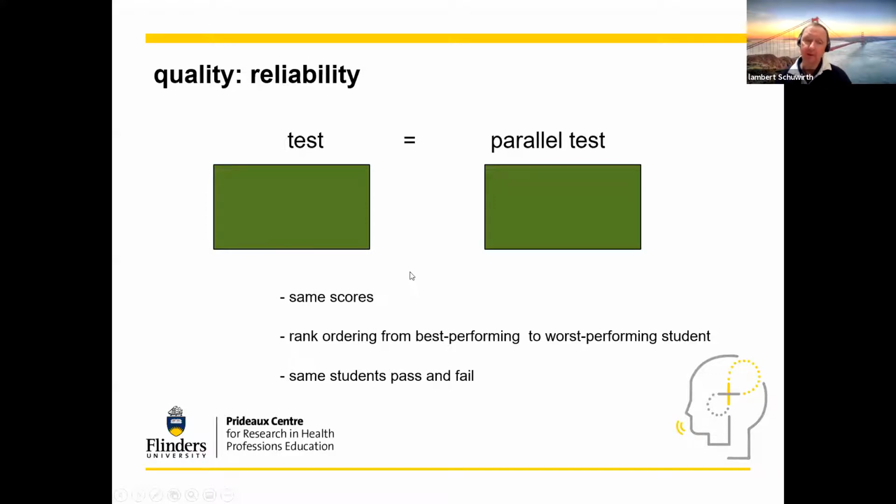The second one, if I have a group like my 5 students in the previous example from A to E, if A is the best performing and E is the most poorly performing, would the rank ordering be the same on the parallel test? That's basically, if you ever heard or used Cronbach's alpha, that is the underlying idea behind Cronbach's alpha. And the final one, which is the simplest inference, is would the same students pass and fail?